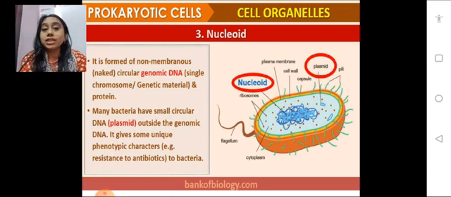Apart from the nucleoid, that is the chromosomal DNA, most of the bacteria have an extrachromosomal circular autonomously replicating DNA that is called a plasmid, and we came to know how plasmid gives antibiotic resistance to the prokaryotic cell and its application in antibiotics. Just a gist we got to know about the application.